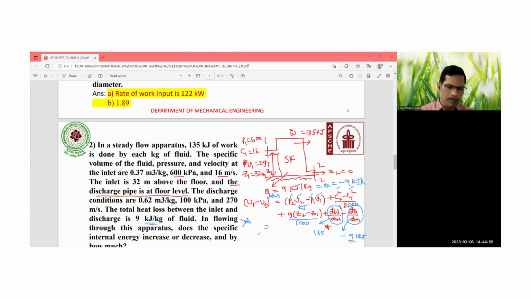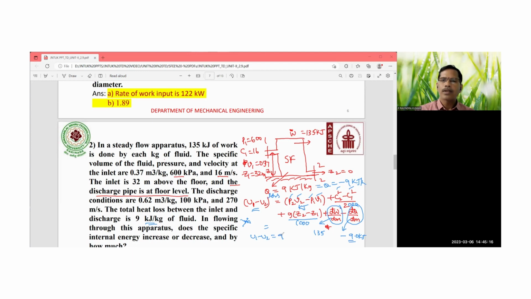After solving this particular case, you will get the internal energy, because here it is written as U1 minus U2. So the internal energy decrease, what is the value?